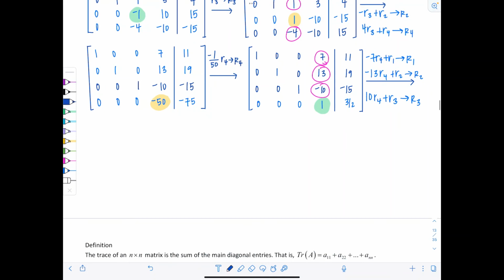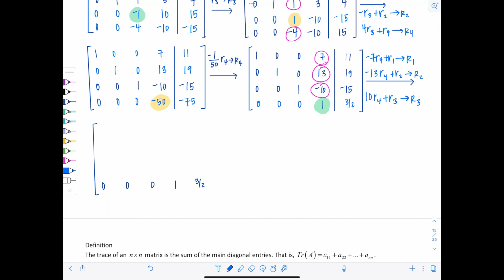So everything is going to change except for row 4. Let me list out row 4 then. 0, 0, 0, 1, 3 halves. So we actually already know what x4 is. How exciting for us. Okay, here we go. So negative 7 times row 4 plus row 1. The only entries I'm going to have to pay attention to are in column 4.